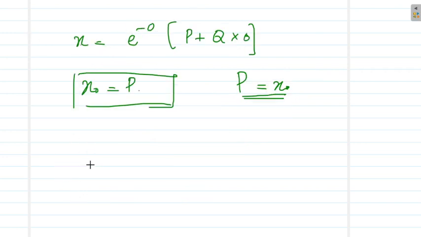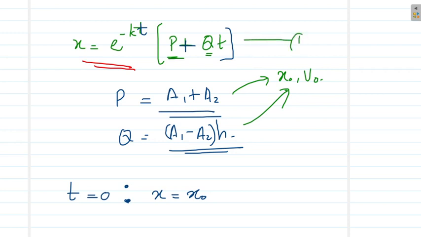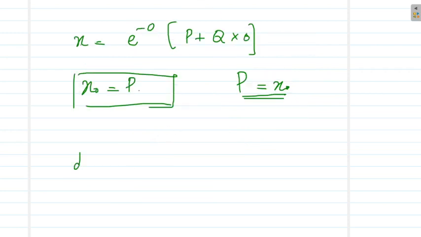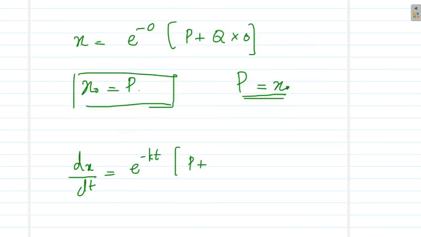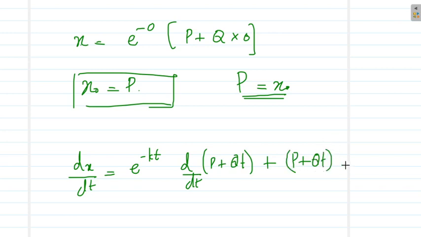So, taking the differential of the expression given by equation 1, dx by dt is equal to e raised to minus kt into d by dt of p plus qt, plus p plus qt multiplied by d by dt of e raised to minus kt.